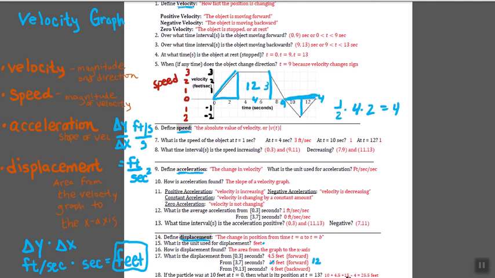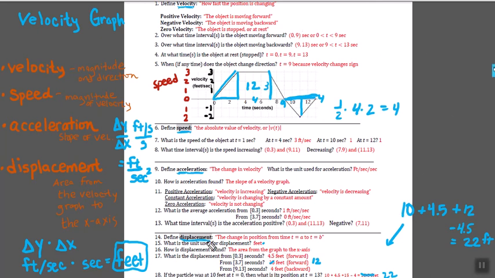If we look at question number 18, it says if the particle started at 10 feet at time 0, then what is the position at 13? Let me pause the video and double check this. Okay, I caught the mistake. Let's fix this down here.